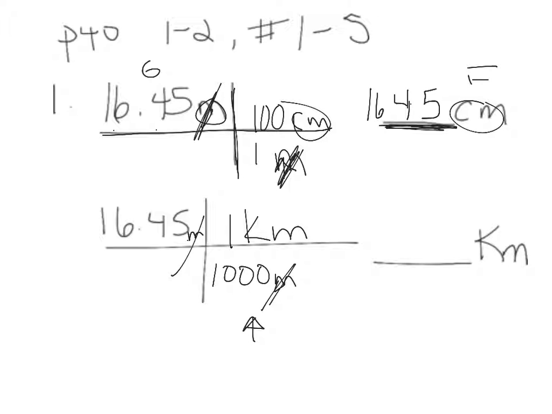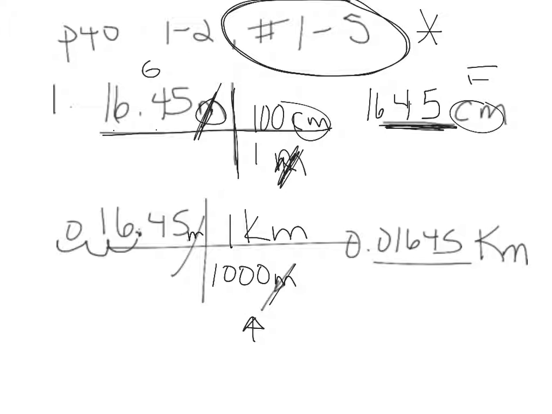Do it on your calculators, and you would get 0.01645. And if you follow that moving the decimal rule, it also suits that rule as well. So your decimal is here, and you'd go 1, 2, 3, and there'd be a 0, and you'd have that 0.01645.